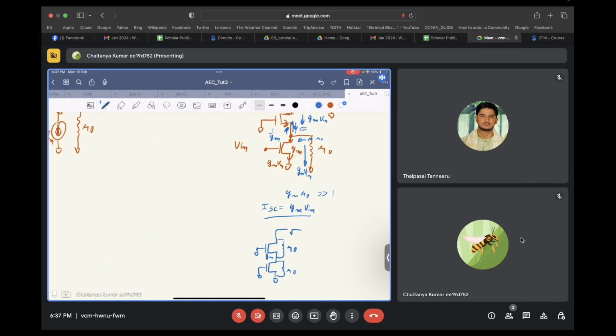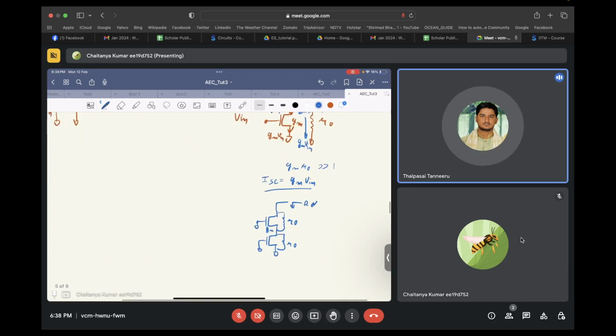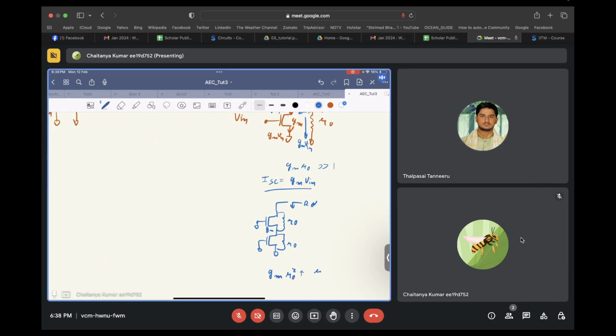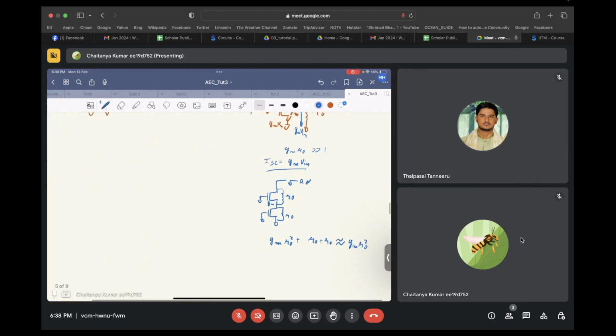And you have to look at the looking in impedance from the drain of the cascode transistor, the upper transistor. It should be gm times R0 square plus R0 plus R0, sir. Which is roughly equal to gm times R0 square. Yes, sir.